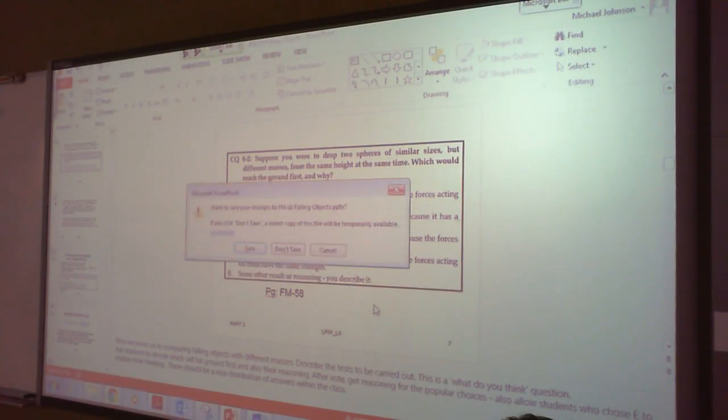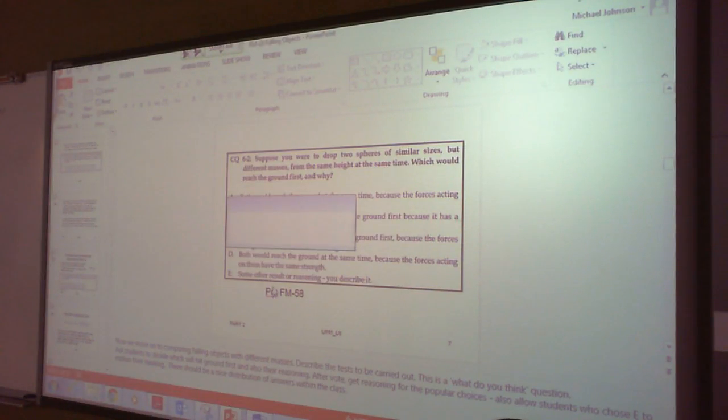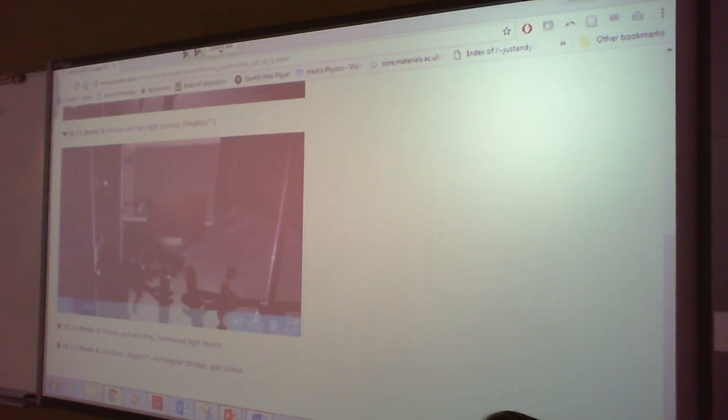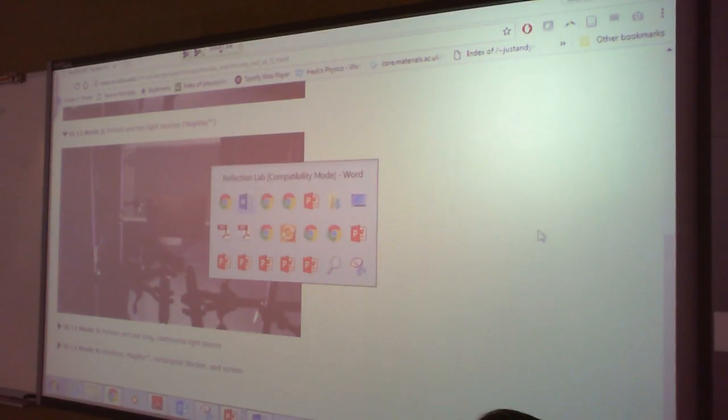So go ahead and read through the next paragraph. It talks about important rays for us to draw. In this case, we're going to be looking at this blocker without any pinholes in it, and we're going to be considering what happens to the shadow that creates.